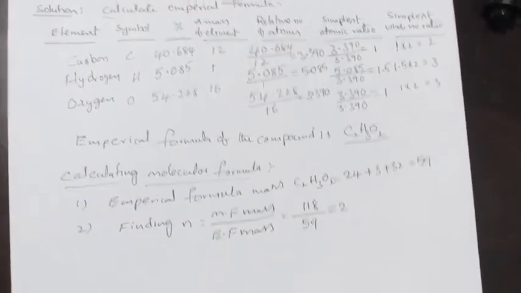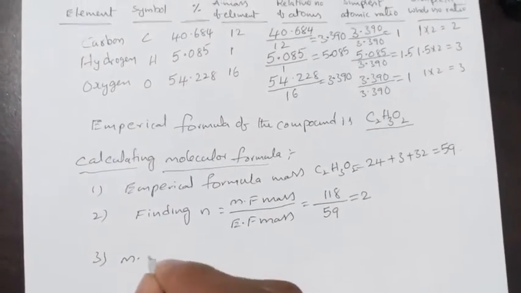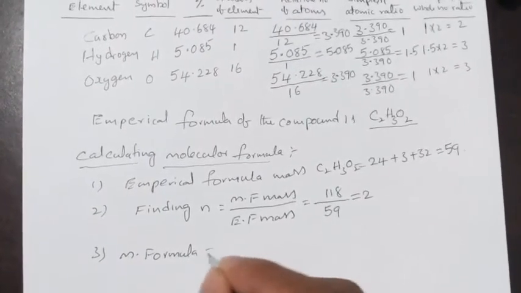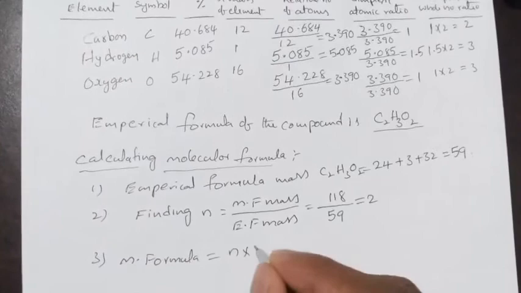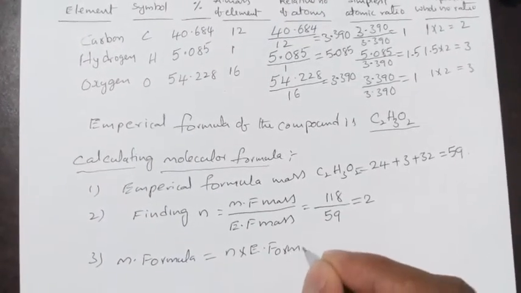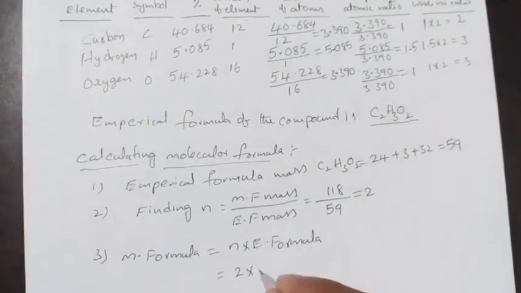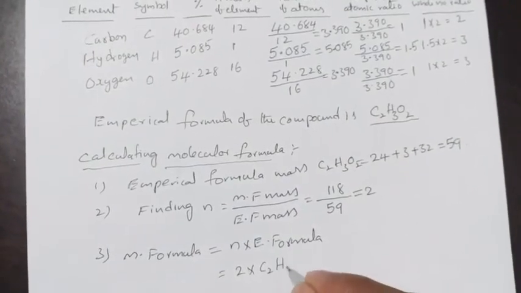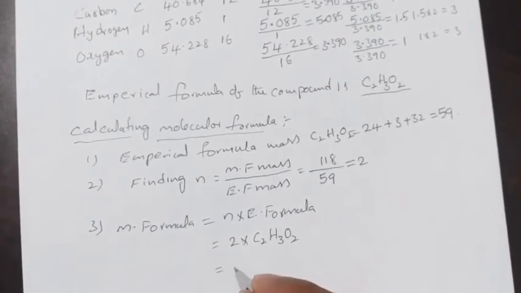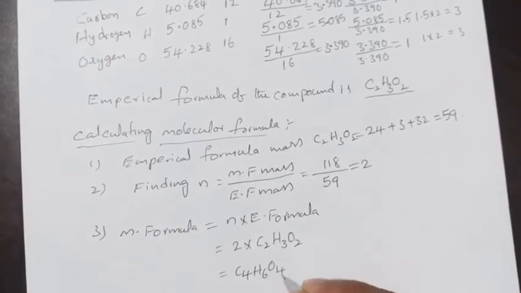Now the n value is 2. Now molecular formula equals n into empirical formula. Here n will be 2, empirical formula is C2H3O2, so the molecular formula is C4H6O4.